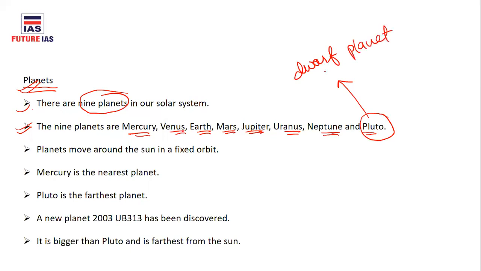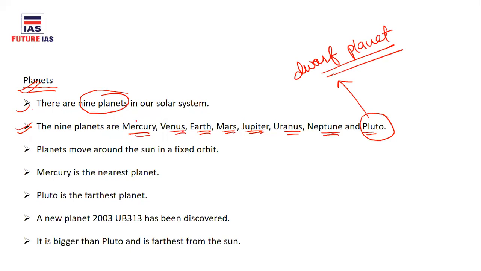It is not considered a planet because there is a certain set of requirements to be included in the category of planets. So as of now Pluto is not included in the category of planets. The remaining ones, Mercury, Venus, Earth, Mars, Jupiter, Uranus, and Neptune, are considered planets.